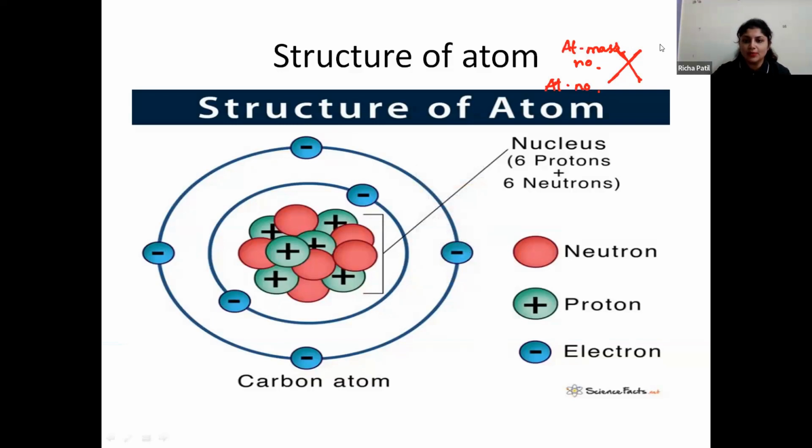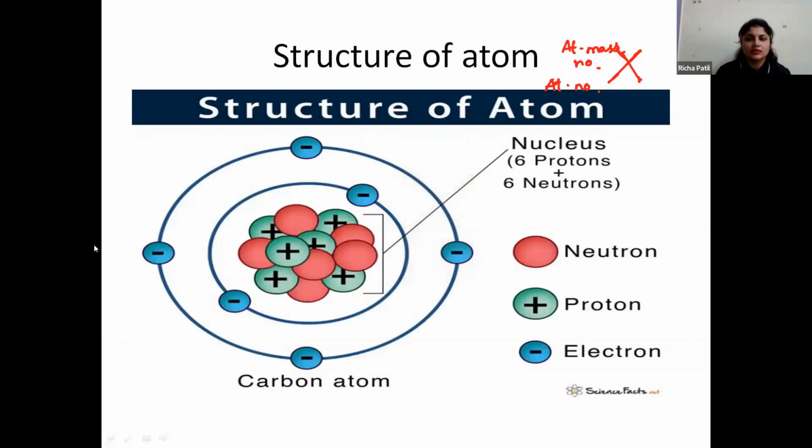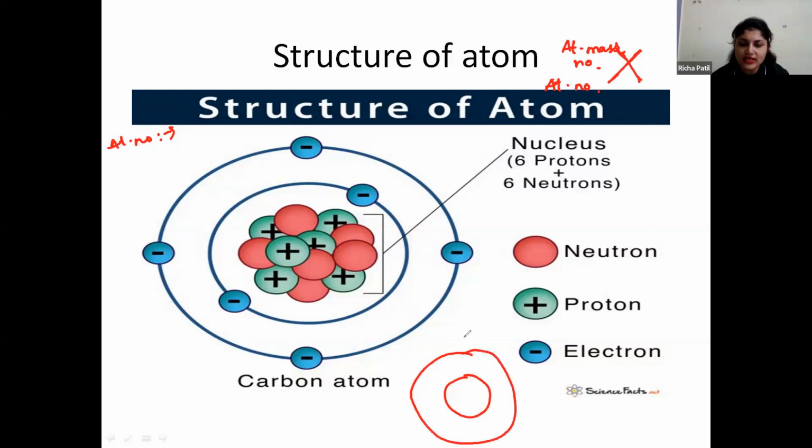So what is the atomic number? How do we calculate it? Suppose this is a nucleus surrounded by shells.